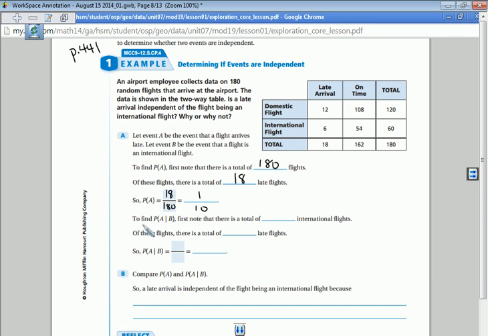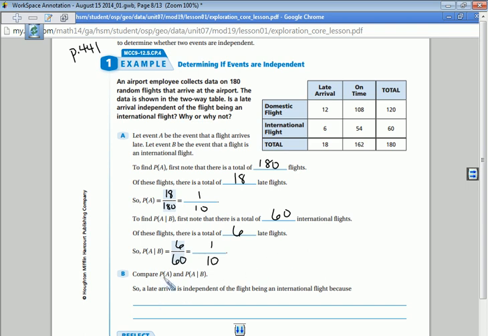Okay, so now we're going to find the probability of A given B. So how many international flights are there? 60. Of these flights, how many were late? 6. So the probability of A given B is 6 over 60, which is 1/10.